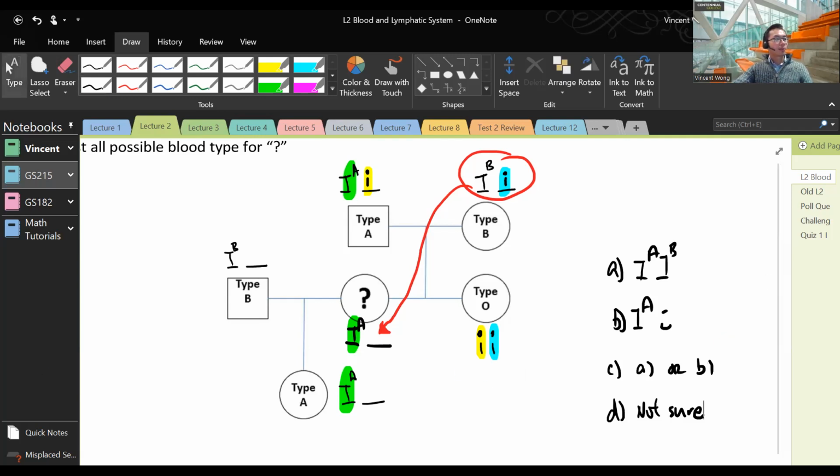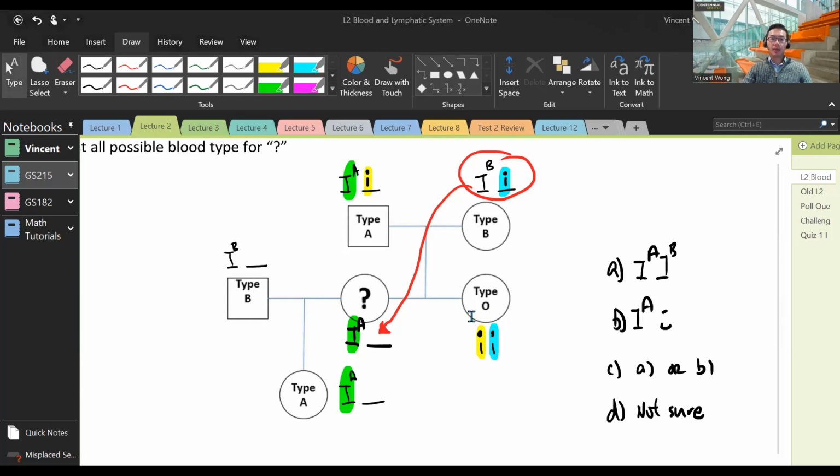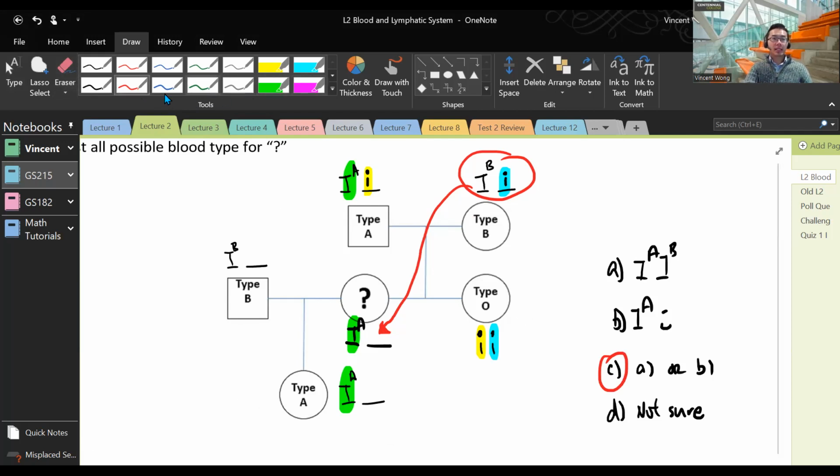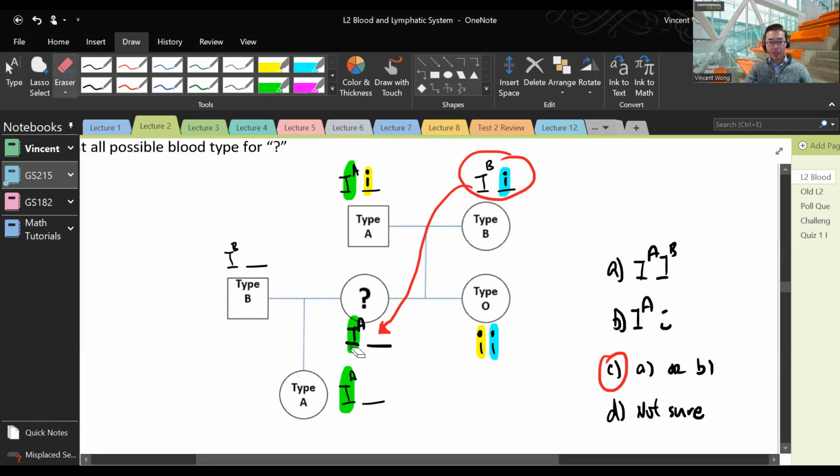Okay, kind of all over the place here for this one. Well, the answer is actually C. We do not know. We don't know if she is IAIB or IA small i, based on the information that is given to us. All we know is that she passed on the IA to the next generation. She passed on the IA to her daughter. So whether she's IAIB or IA small i, it doesn't change the fact that she passed the IA to her daughter.